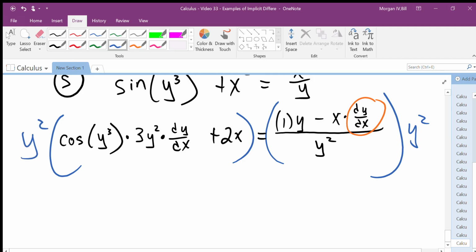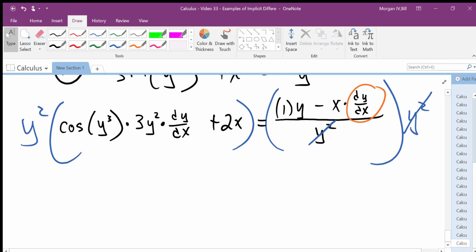Let's try that. So on the right-hand side, the y squareds cancel. On the left-hand side, I can combine all this. I've got a cosine of y cubed, a 3y squared, a dy/dx, and then this y squared on the outside that's being multiplied in, right, to both of the terms. So if I can keep that straight, that's 3y to the 4th from this y squared and this y squared.